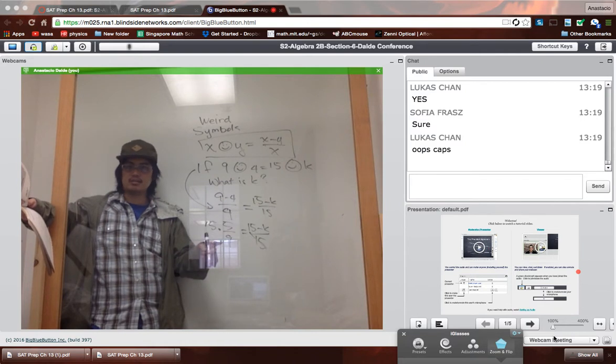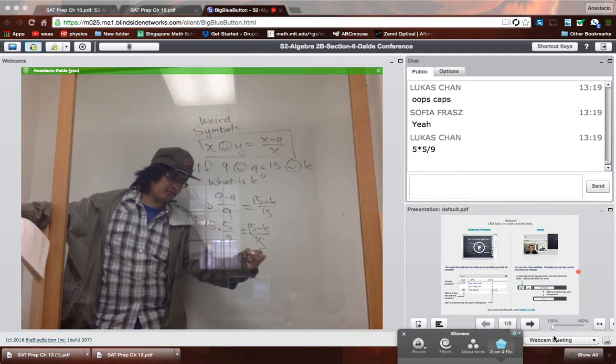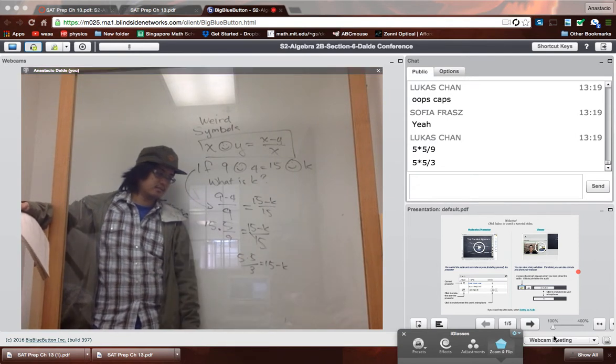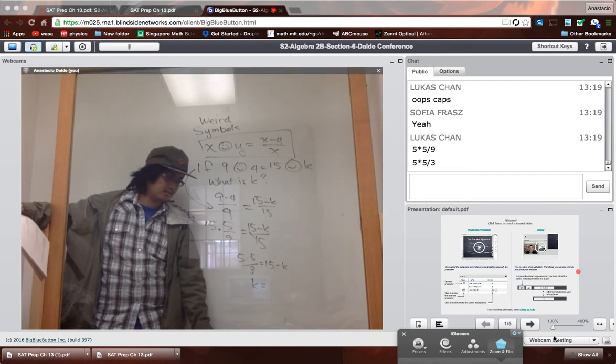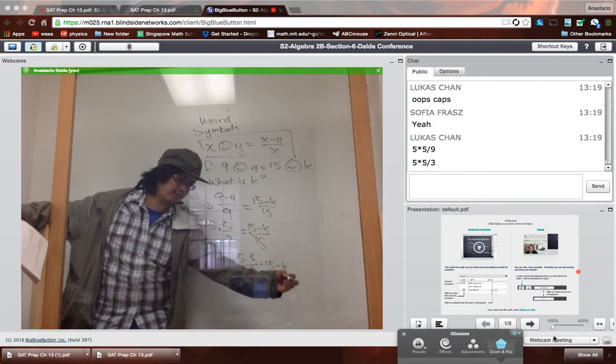Can you guys see that or is the glare in the way? I can divide the top and the bottom by 3. So then it becomes 5 times 5 over 3 equals 15 minus K. So that would be K equals 15 minus 25 over 3.